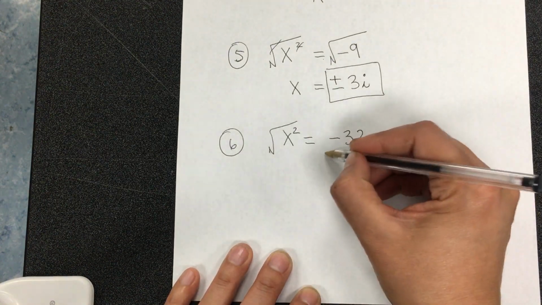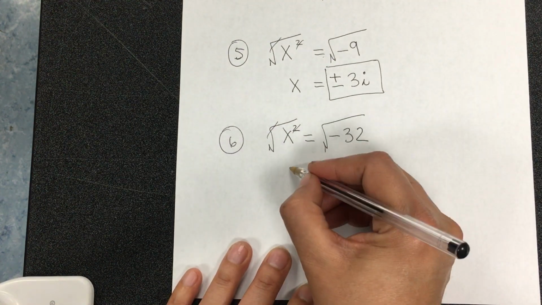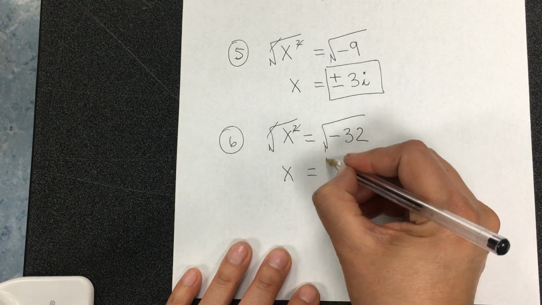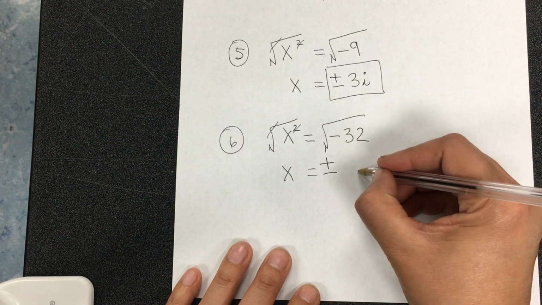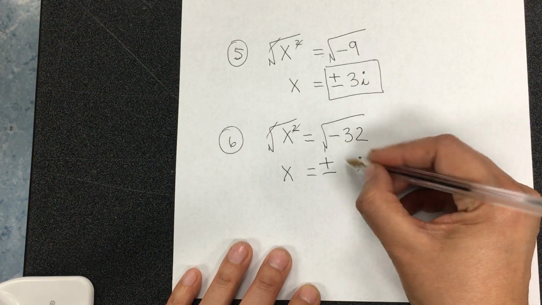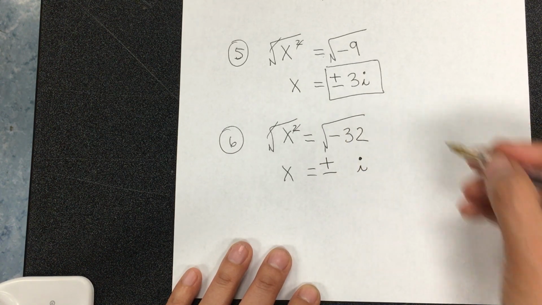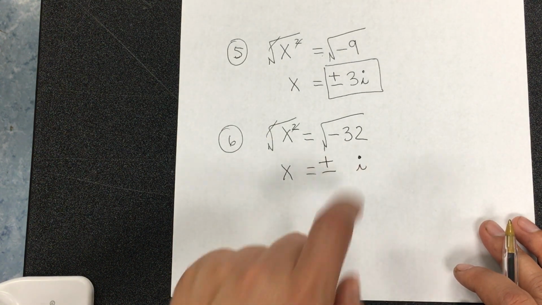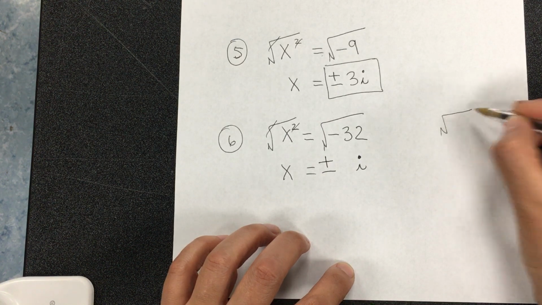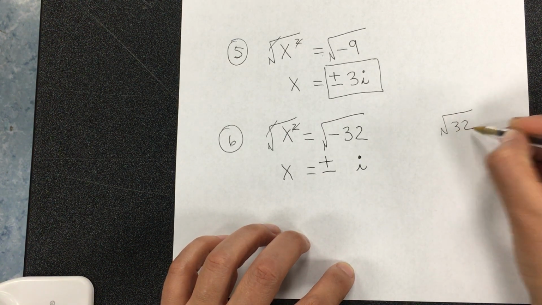Sorry, x squared. We take the square root of both sides, and so x is equal to plus minus. This becomes the imaginary number. I'm going to leave space for the whole number in here. But 32 is not a perfect square, so I'm going to have to do prime factorization so I can simplify it.